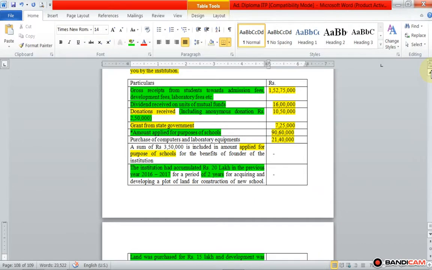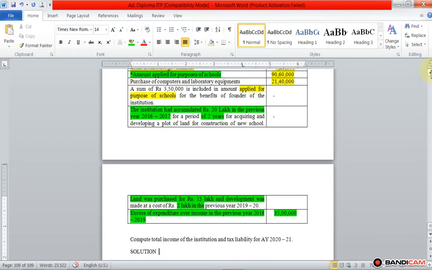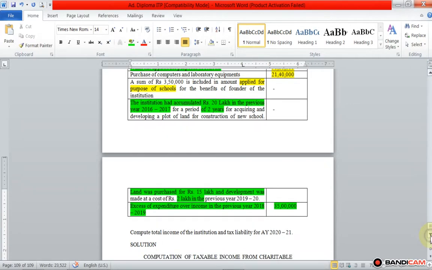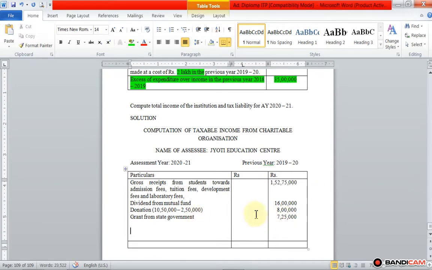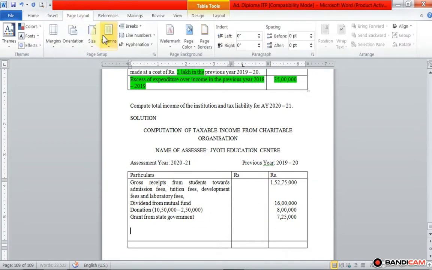Then amount applied for the charity purpose. So here we take into consideration all incomes of the institution excluding anonymous donation.